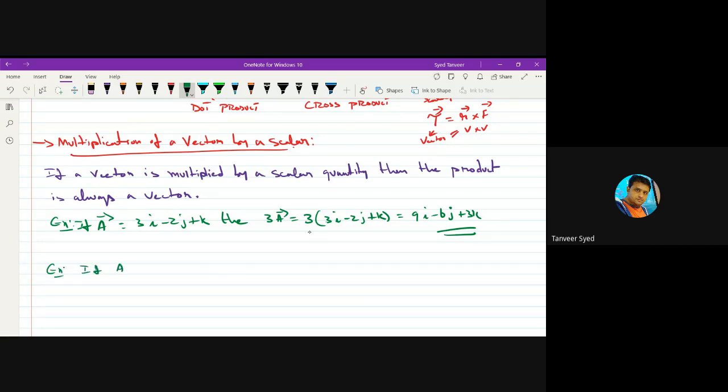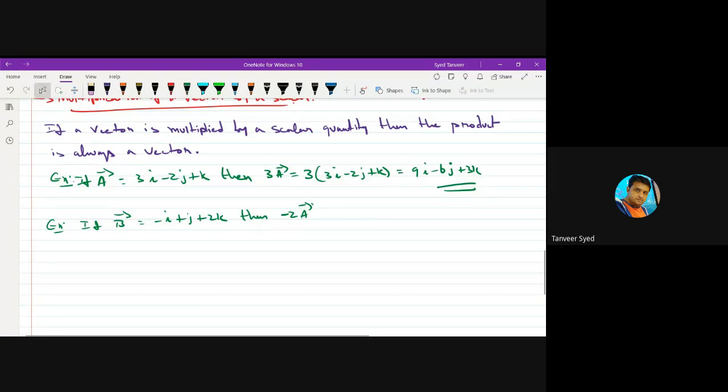If I have another vector B, like minus i plus j plus 2k, then I will do minus 2B. I am multiplying vector B with a number which is minus 2. I get minus 2 times (minus i plus j plus 2k).